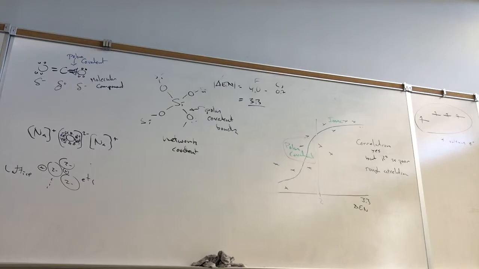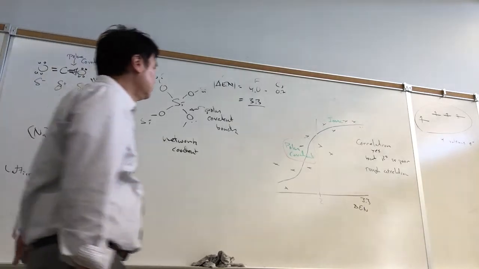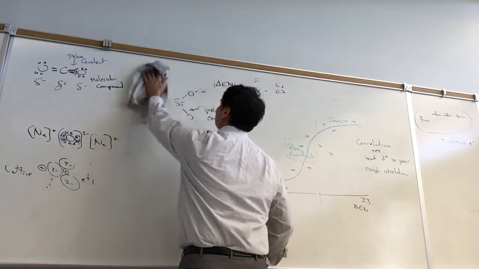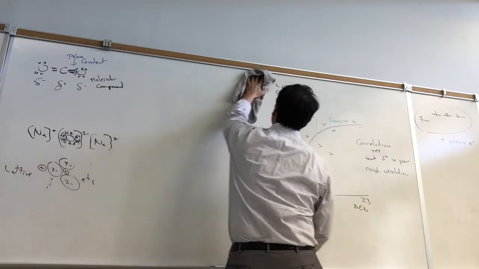The reason is because you want to maximize bonding. If you maximize bonding, you try to put as many negatives around each positive and as many positives around each negative, and you're going to generate a lattice like this. Metallic bonding, we aren't going to talk about until later.